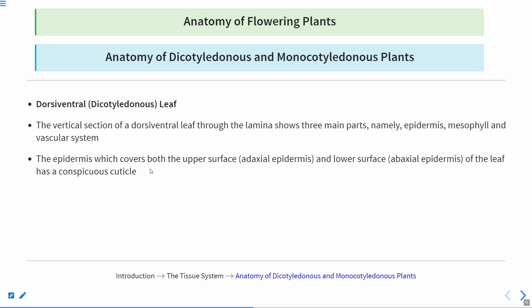The epidermis, which covers both the upper surface, the adaxial epidermis, and the lower surface, the abaxial epidermis, of the leaf, has a conspicuous cuticle. Epidermis is present at the upper surface and the lower surface also.